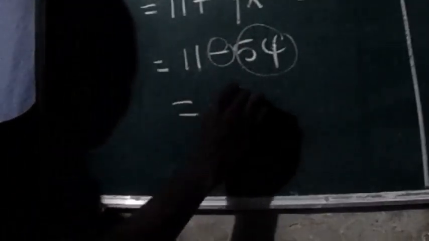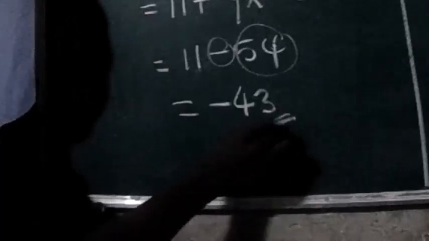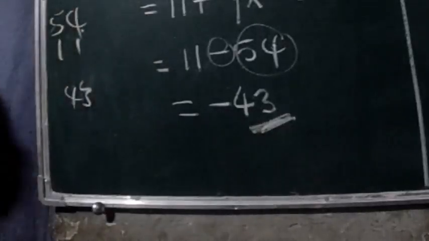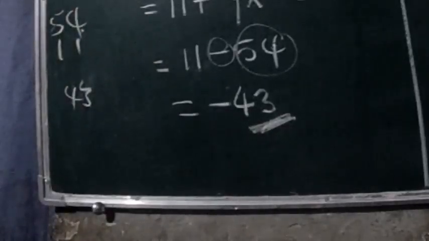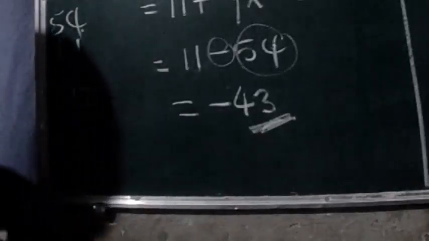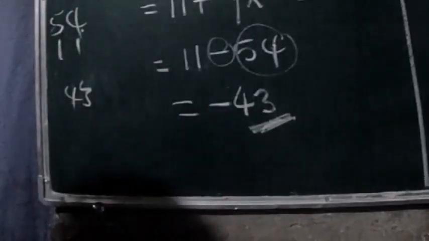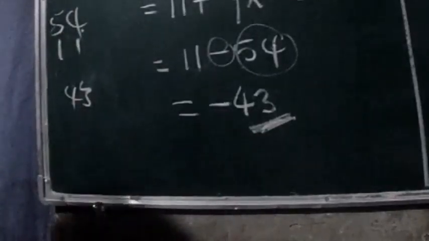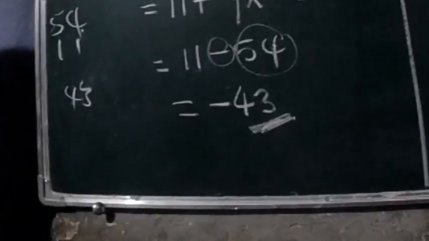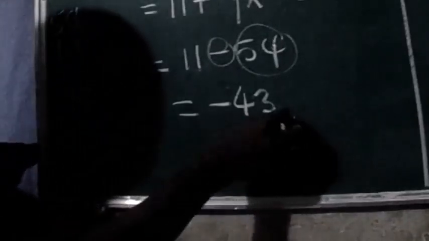Therefore, our final answer is going to be negative 43. So this is what we are expecting to find on the 10th position, our 10th term. So our 10th term is negative 43, and our 6th term is negative 19. Therefore, these are the two answers that we were expecting.